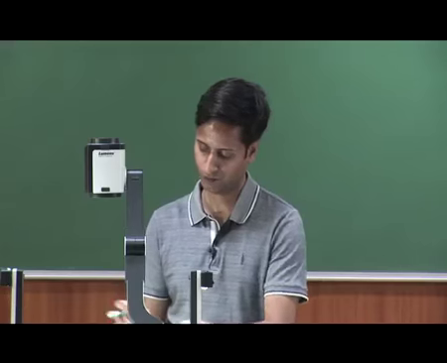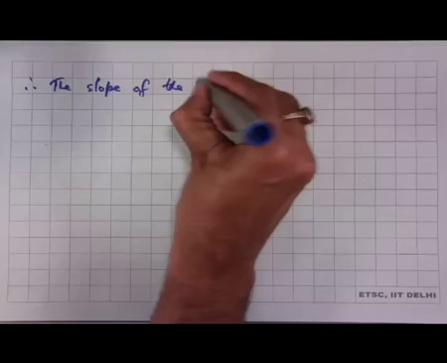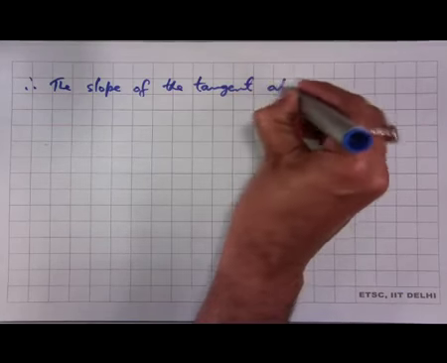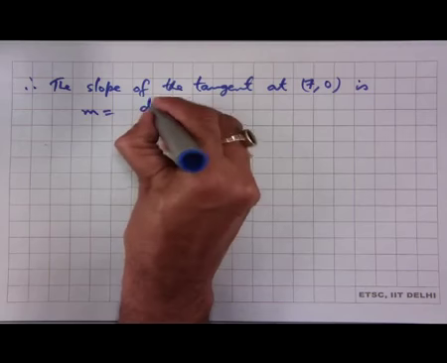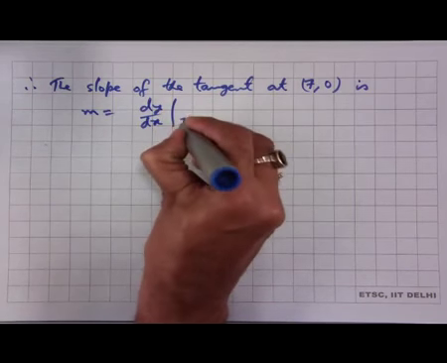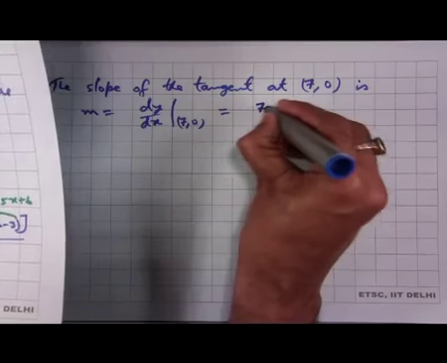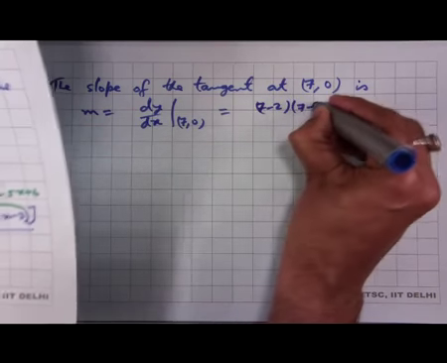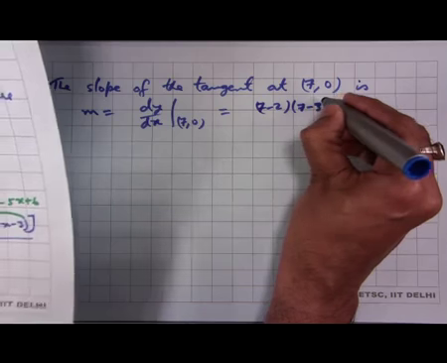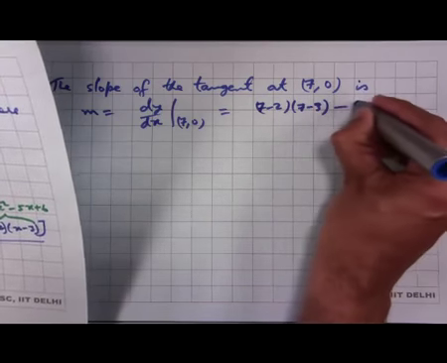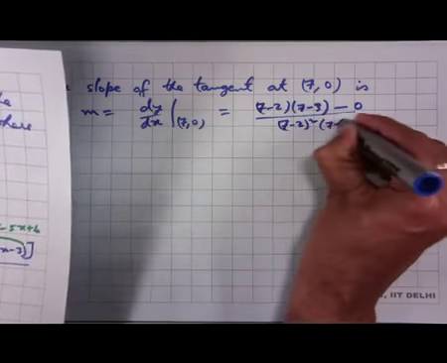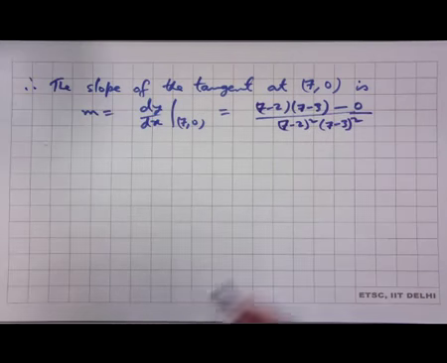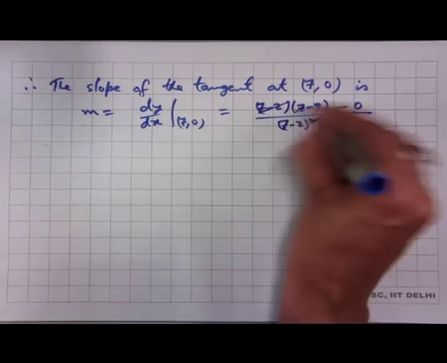So, the slope of the tangent at the point (7, 0) is m equal to dy/dx at (7, 0), which is equal to (7 - 2)(7 - 3) minus 0, divided by (7 - 2) squared (7 - 3) squared, and this can be cancelled.